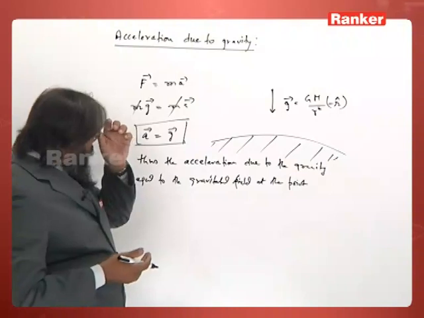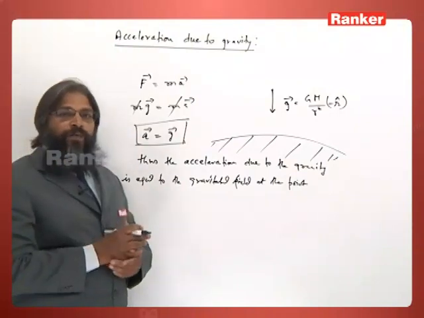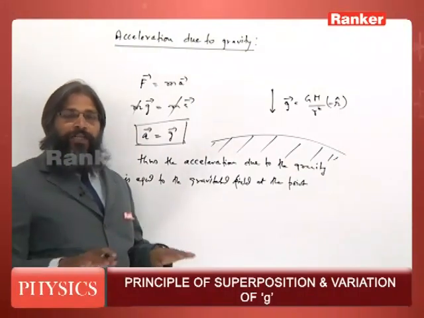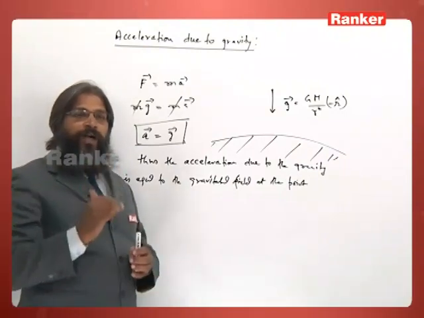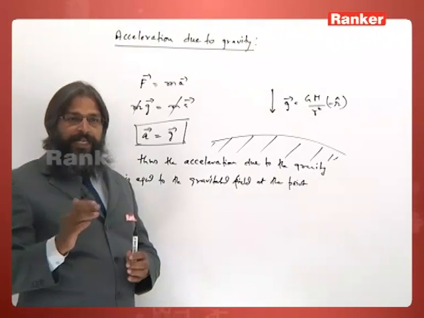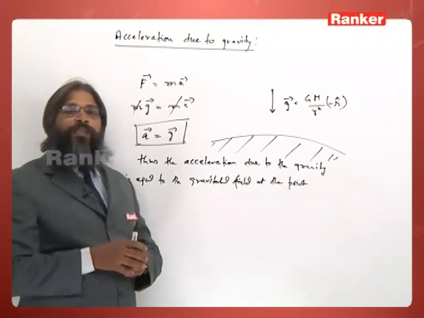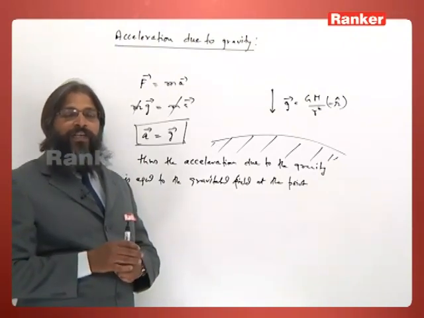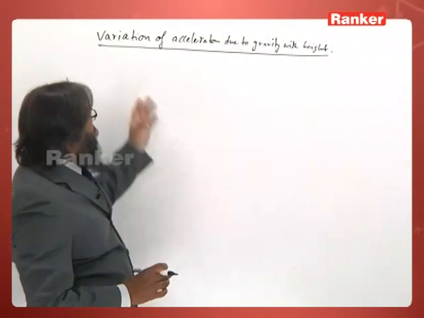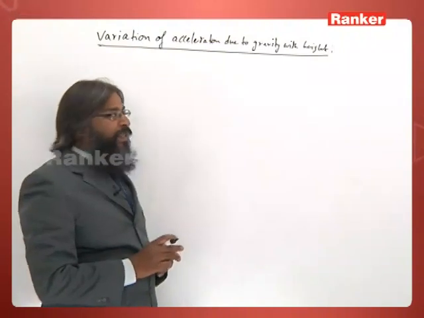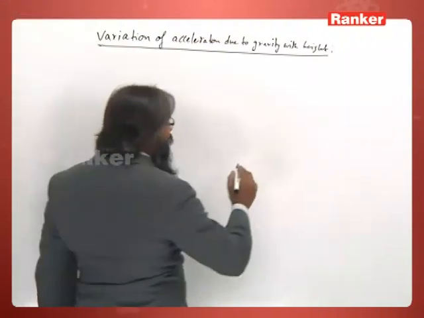Next let us see what the acceleration due to gravity is on the surface of earth, and when we go to some height, how the acceleration due to gravity will vary, and when we go to some depth, how it will depend on the depth. Now let us see the variation of acceleration due to gravity with height.